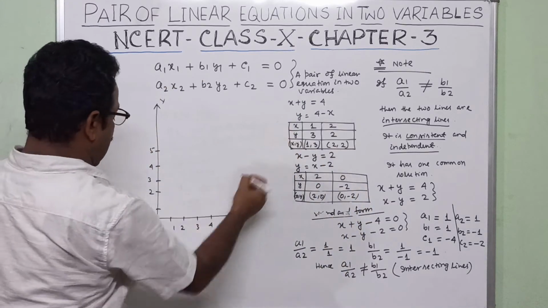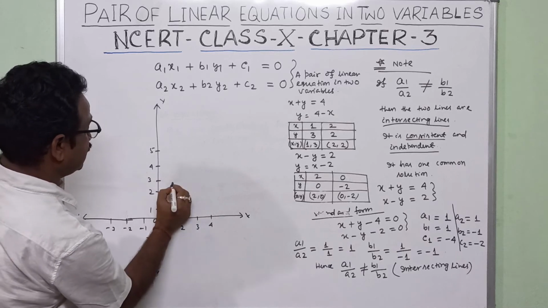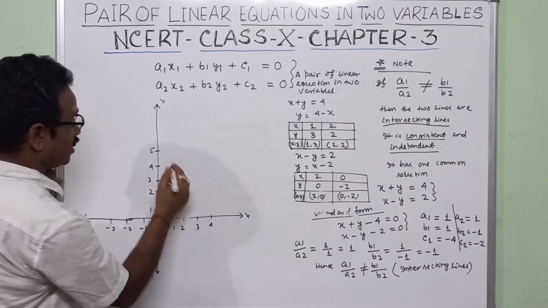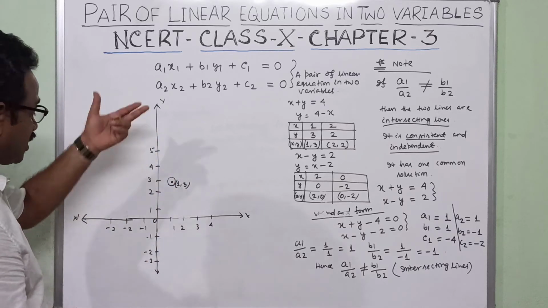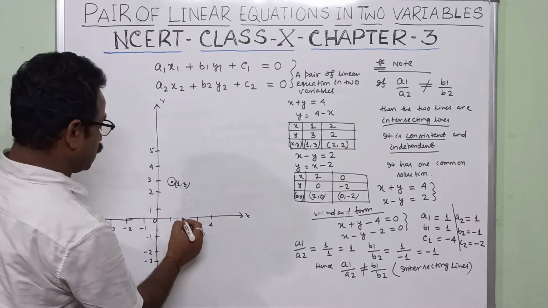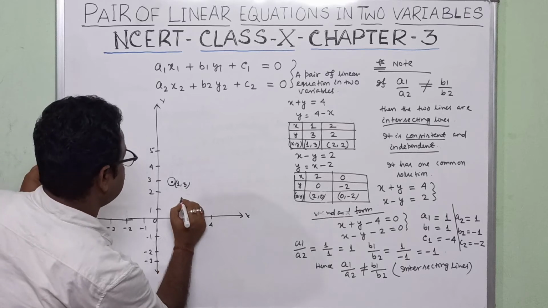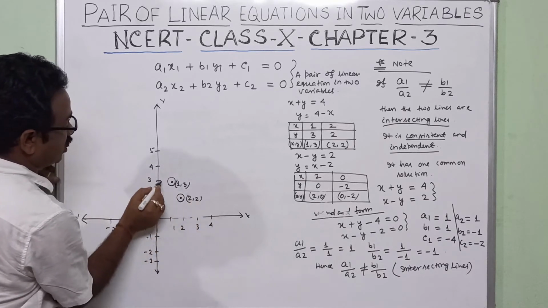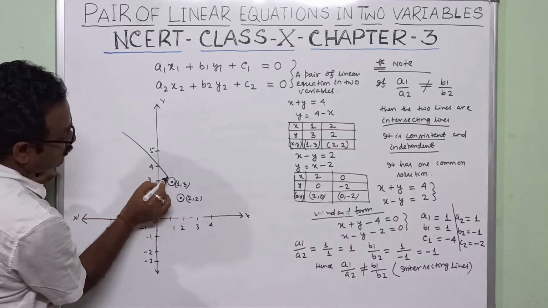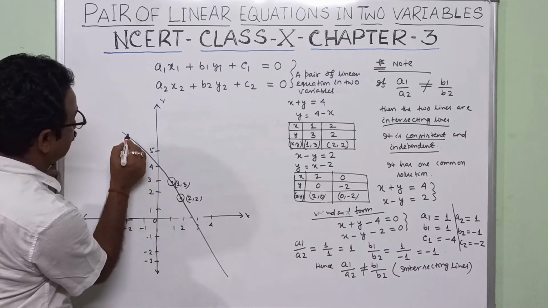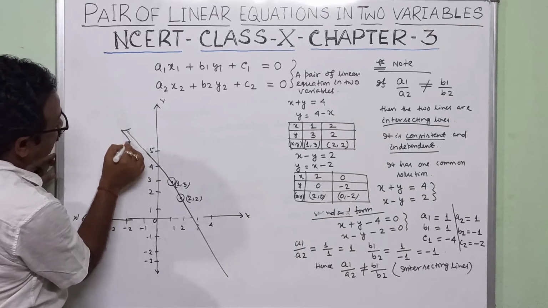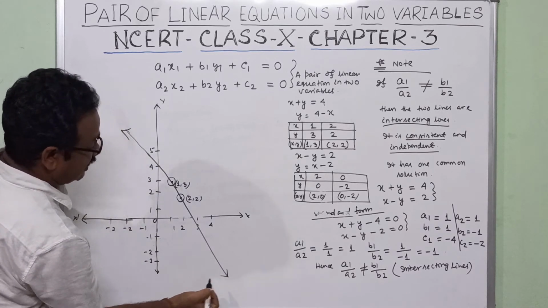Now the points are (1, 3). Right from the very beginning I am telling you this is not in the scale, it's a rough one. Here is another point (2, 2). Now I join these. The line is not straight also, so you must use a scale.